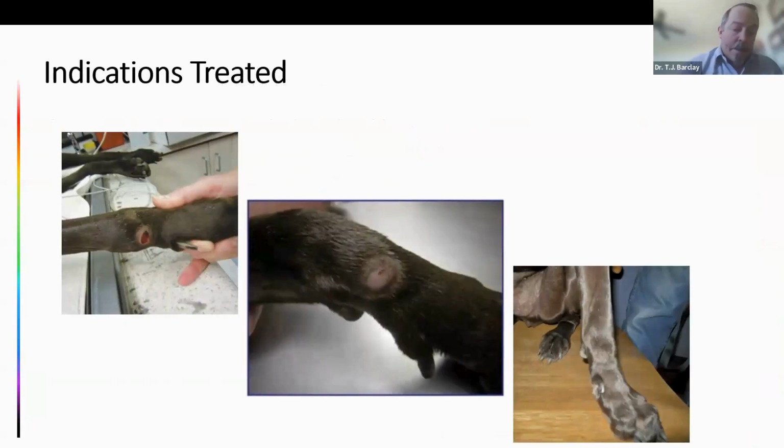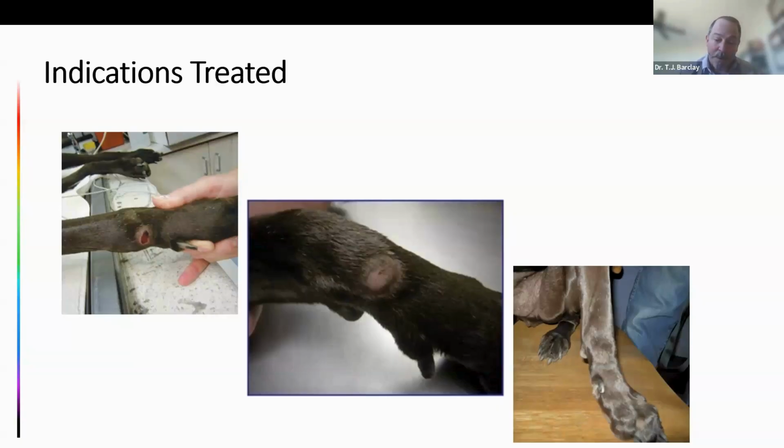And then the last group of indications that we traditionally talk about when we mention shockwave therapy are superficial wounds. So in our small animal patients, any sort of superficial wound, and especially the very chronic ones like this lick granuloma here, respond very well to shockwave therapy.